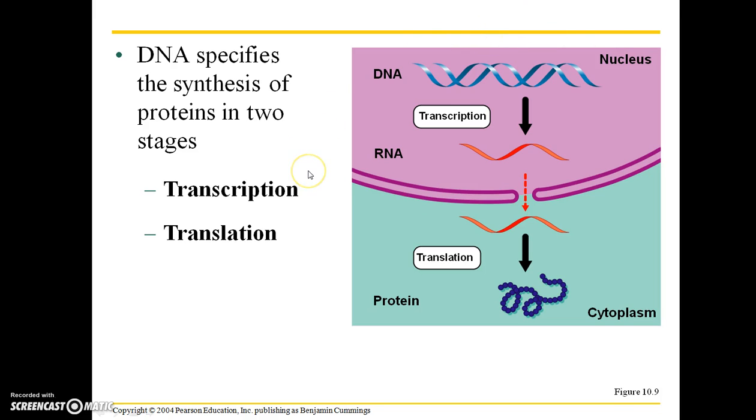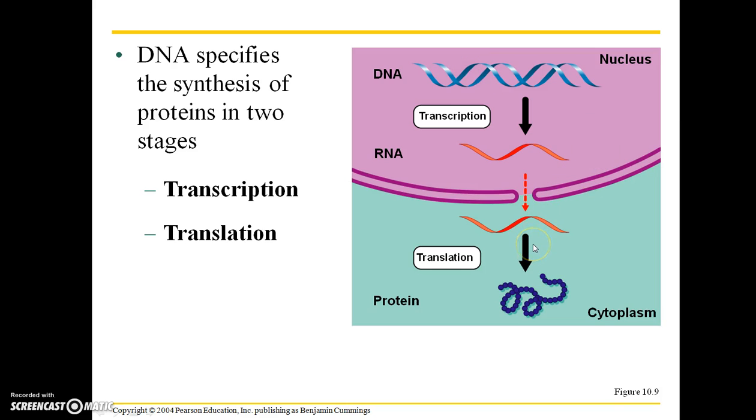So in order for the instructions within DNA to be carried out, you have to actually have some sort of process that takes that information and translates it into a protein. And these two processes are responsible for that. So we have transcription, which takes place within the nucleus, in which an RNA molecule is made from a DNA template molecule.